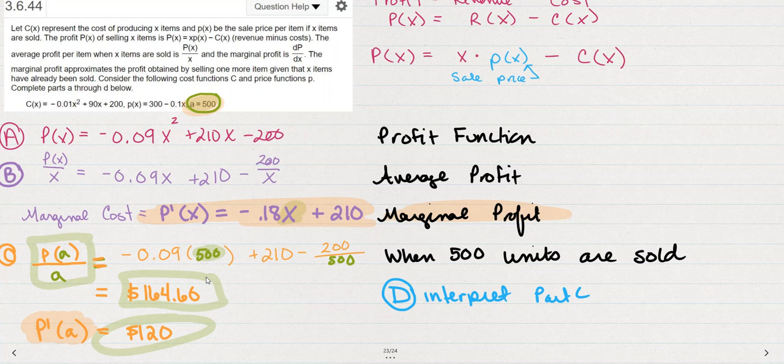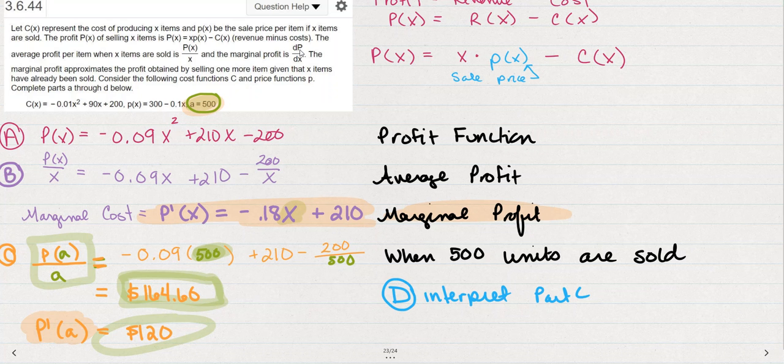That's how we could interpret part C. The average profit for 500 items comes to $164.60.